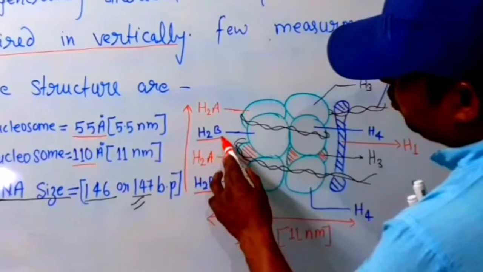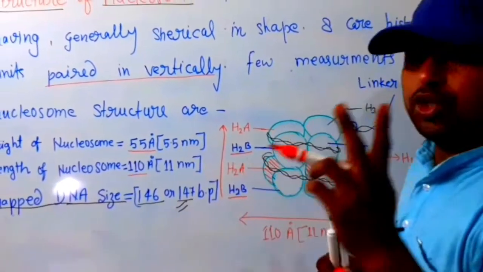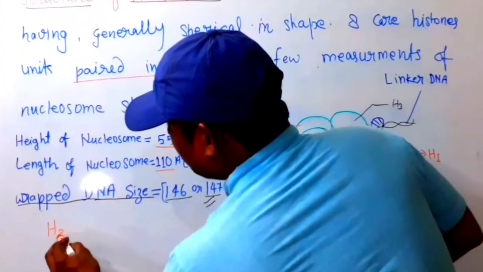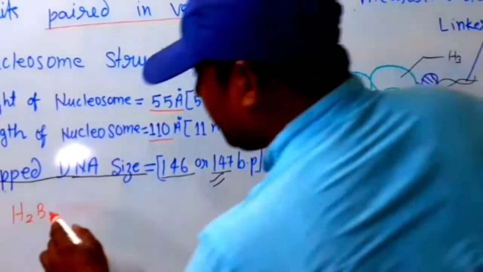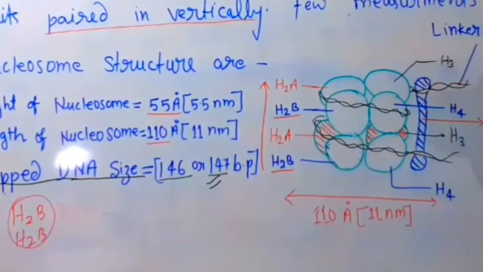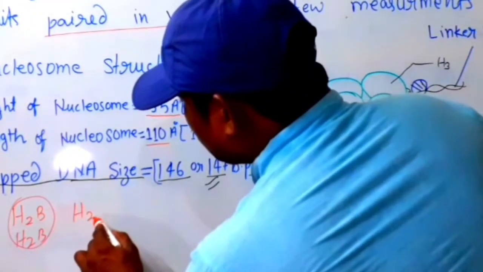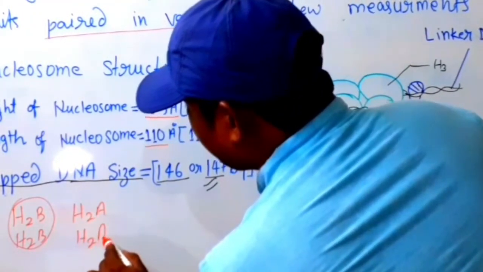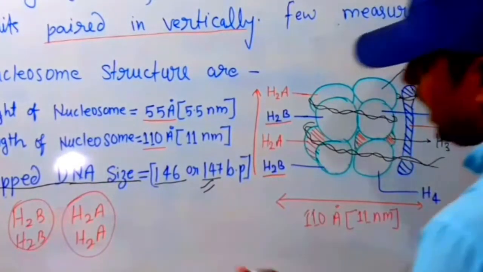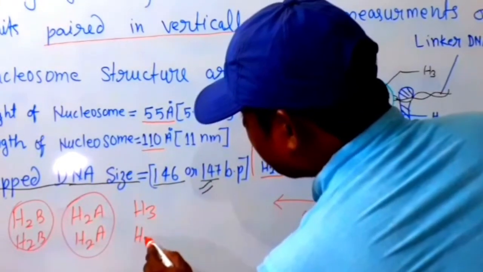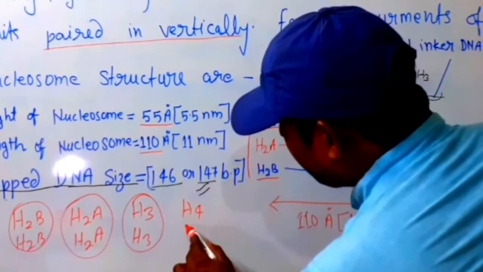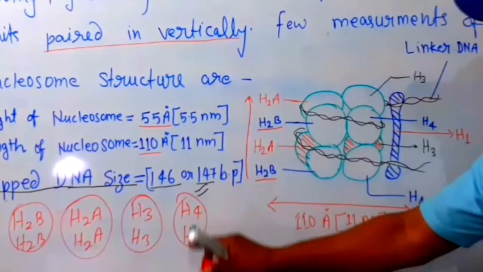H2B, H2B: 2 units arranged vertically. H2A, H2A: 2 subunits arranged vertically, and H3, H3: 2 subunits arranged vertically, and H4, H4: 2 subunits arranged vertically.